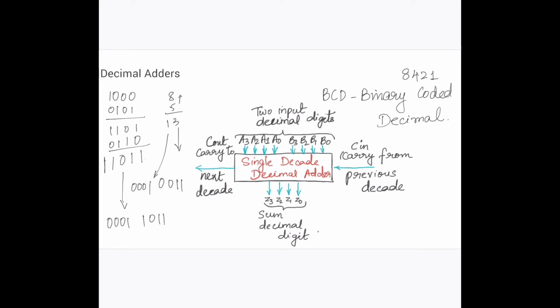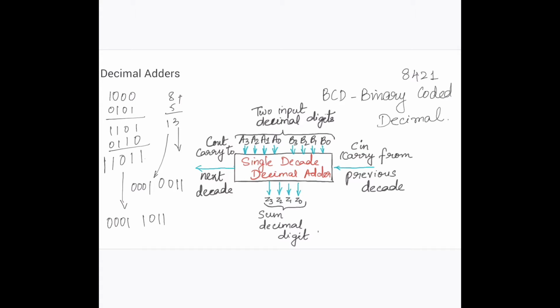Dear students, this video discusses decimal adders. The two decimal digits are shown here as A0, A1, A2, A3 and B0, B1, B2, B3. These two have to be added, with a carry denoted by Cn from the previous addition.